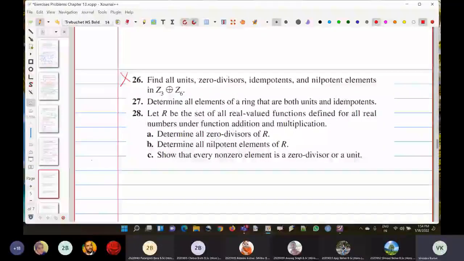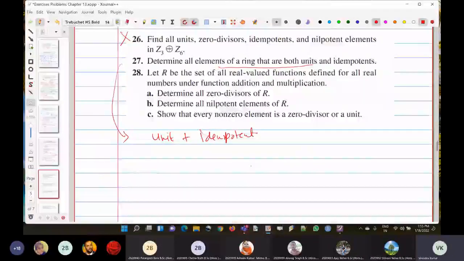Question number 27 says: determine all elements of a ring that are both units and idempotent. Idempotent means a squared equals a, and unit means a inverse exists.